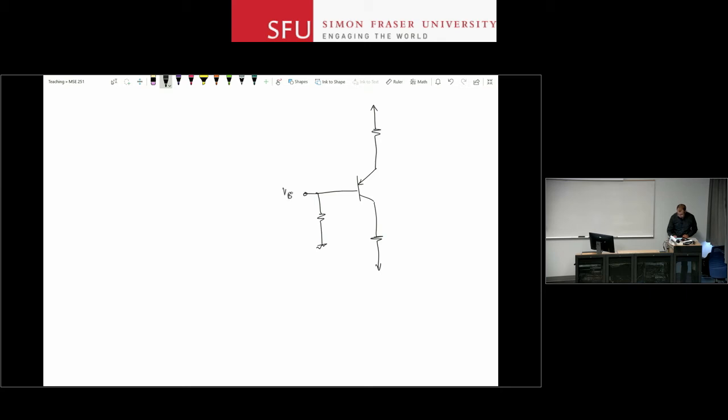In this case, the base is not connected to ground. You have a resistor between the base and ground. I'm going to label the currents here. And again, stick to the convention. We do not choose the directions of the currents here. We stick to the convention, making our lives easier for the analysis of these circuits.